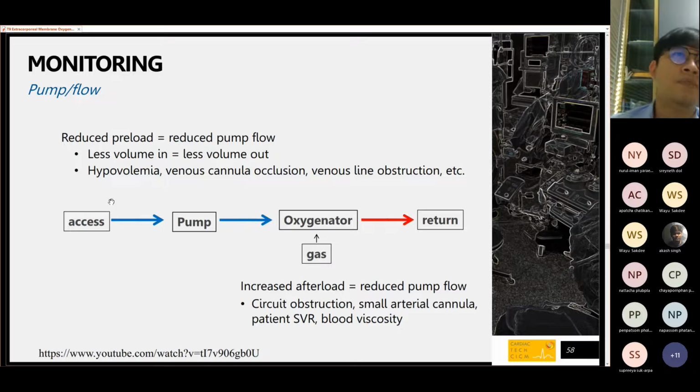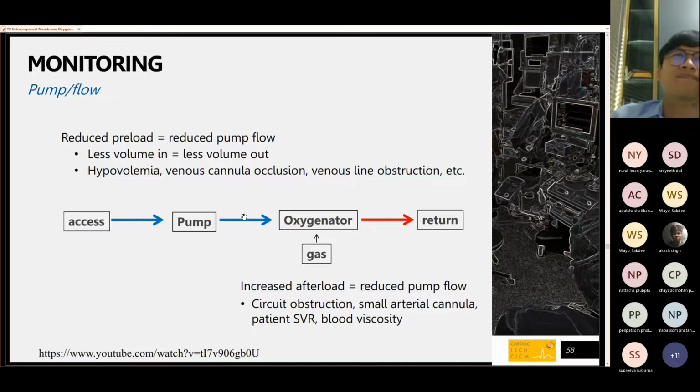A hypovolemic status of the patient can cause less volume returning to the ECMO. Another cause may be any obstruction. Obstruction in the blue part here is going to reduce the preload and reduce the pump output.